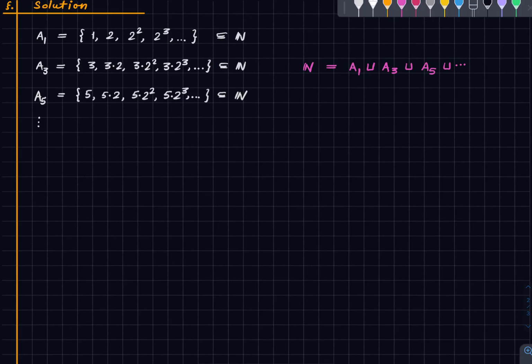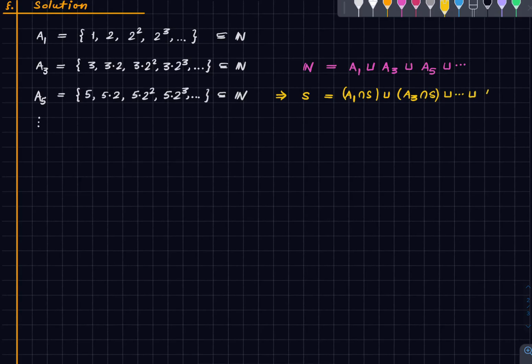Okay. So since these Ais partition the natural numbers, this implies that the set S that we have is partitioned by these sets. But up until which point?